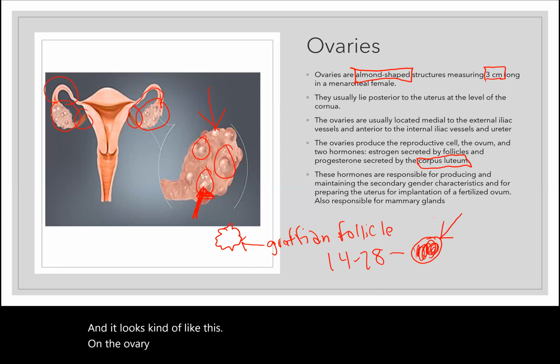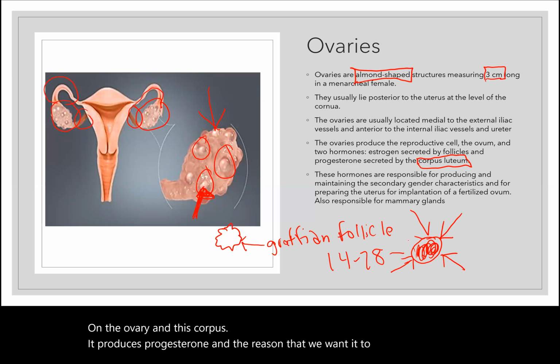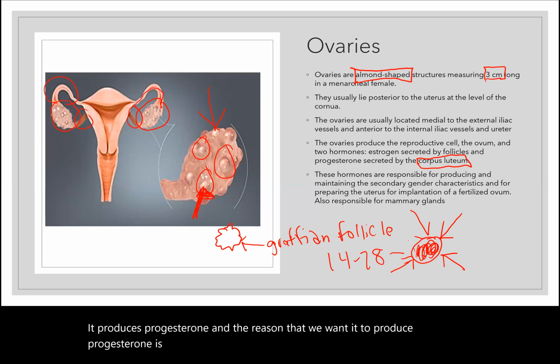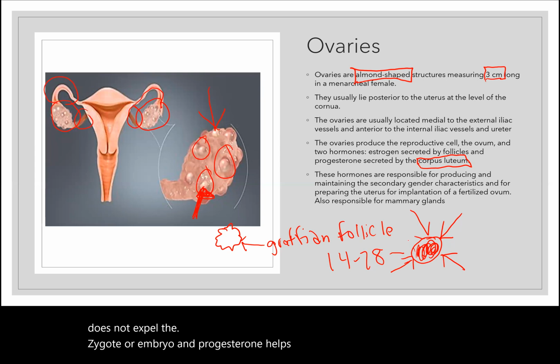And this corpus luteum produces progesterone. And the reason that we want it to produce progesterone is if you're pregnant, you want the uterine muscles to relax so it does not expel the zygote or embryo. And progesterone helps to relax the uterine muscles. Isn't that crazy?